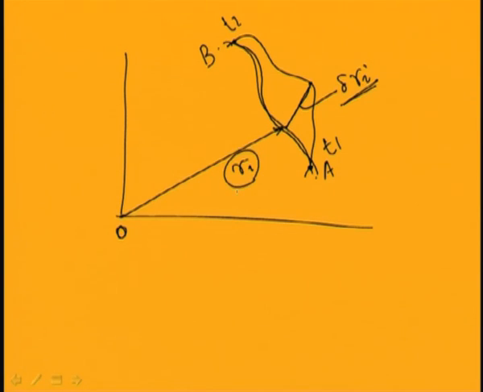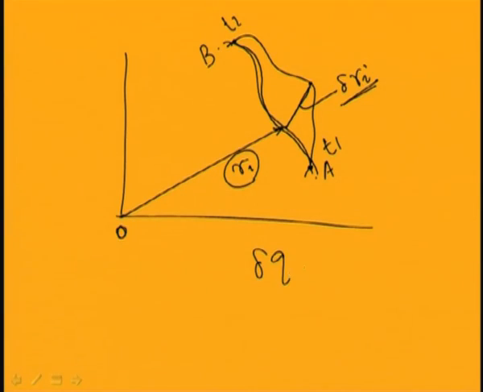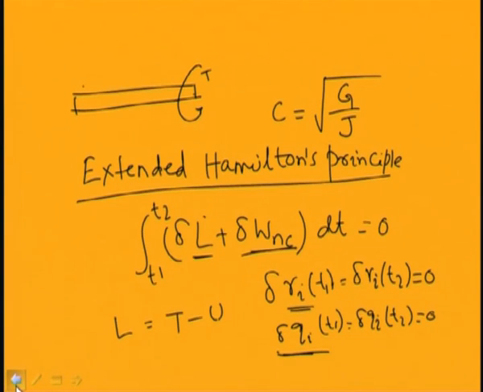Similarly, if one takes the generalized coordinate q i, delta q i at t1 equal to delta q i at t2 equal to 0. That means there is no variation at times t1 and t2. So, by using this Hamilton principle or extended Hamilton principle, we can derive the equation of motion.